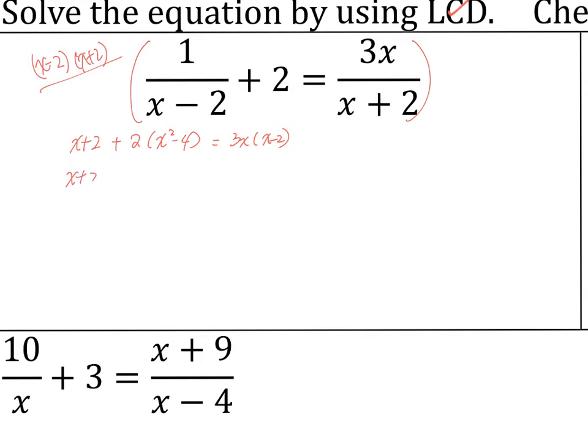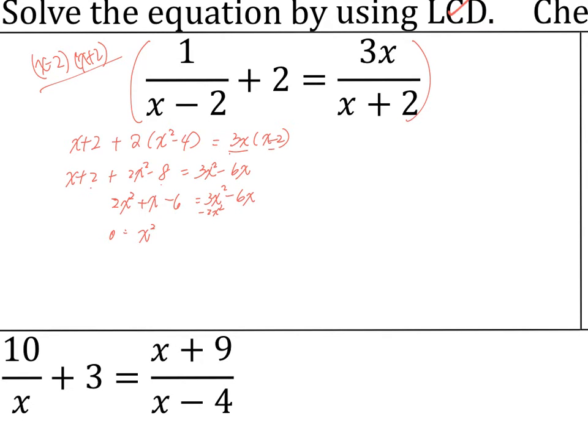Let's keep simplifying each side of the equation. Minus 8, 3x squared minus 6x. Okay, now let's see, 2x squared plus x minus 6. So minus 2x squared.